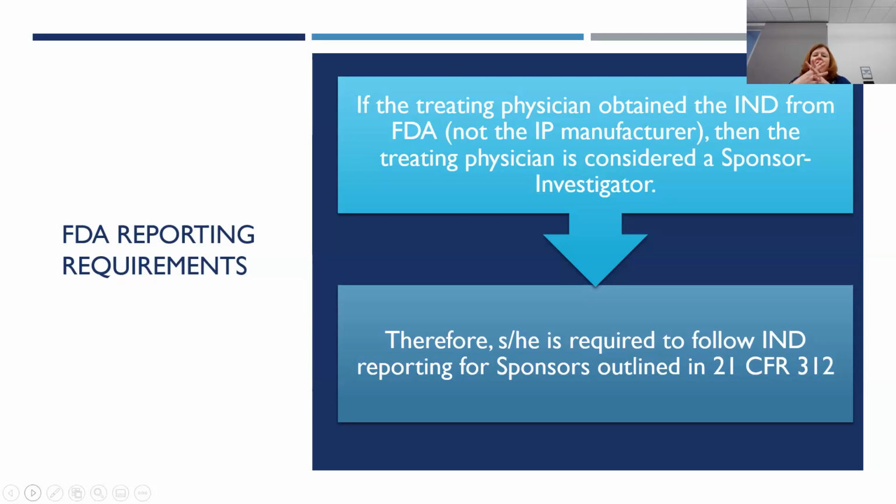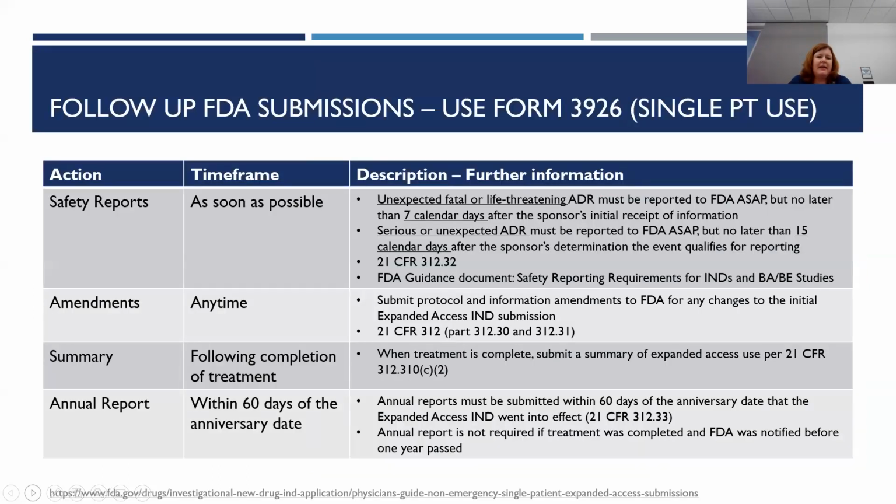And then all of the sponsor responsibilities that are outlined in the regulations under INDs, which is in 21 CFR 312, that physician is required to follow those. I'm highlighting here what those requirements are and trying to simplify it a little bit.